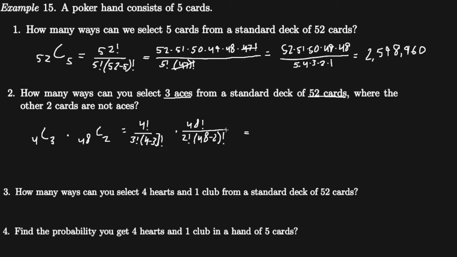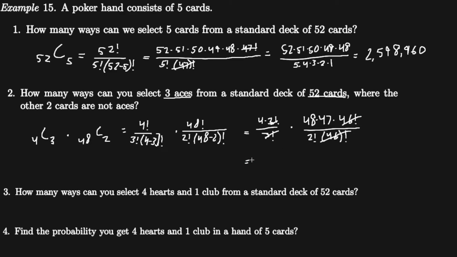After simplifying, in the numerator we get 4 times 3 factorial over 3 factorial, because 4 minus 3 is 1, and 1 factorial is just 1. These cancel out, which just leaves us with 4. On the right-hand side, we get 48 times 47 times 46 factorial, and in the denominator we're left with 2 factorial times 46 factorial, and the 46 factorials cancel out.